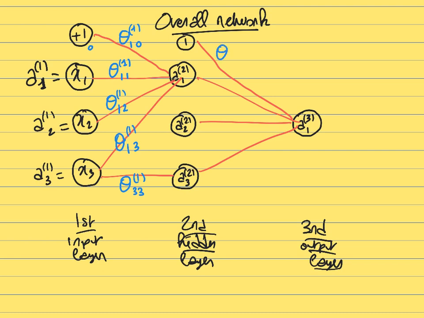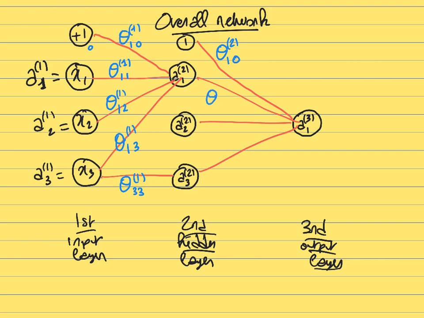For example, this one is now the weight associated to the second layer, and this weight is connecting the first neuron in the third layer. This one is connecting neuron number 0, the bias of the second layer, to the first neuron of the third layer.